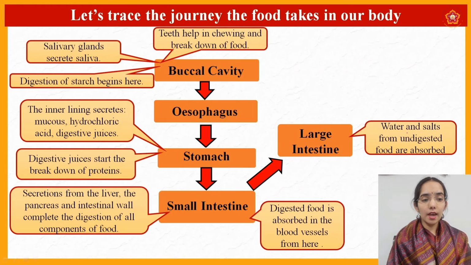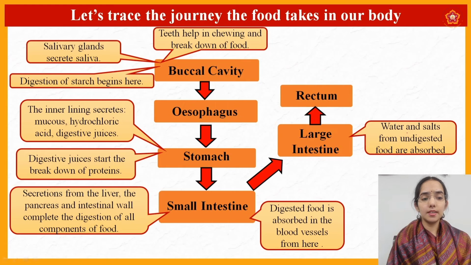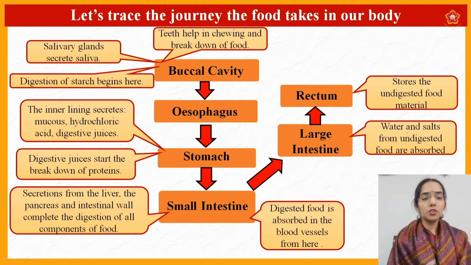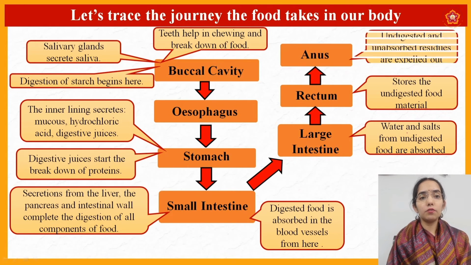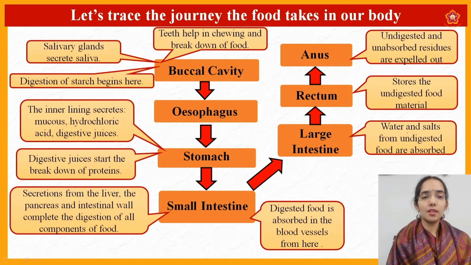In the large intestine, water and salts from the undigested food are absorbed. Then this undigested food material from the large intestine goes into the rectum. The rectum will store this undigested food material, and then the undigested food material is expelled out through the anus. The process of egestion takes place.